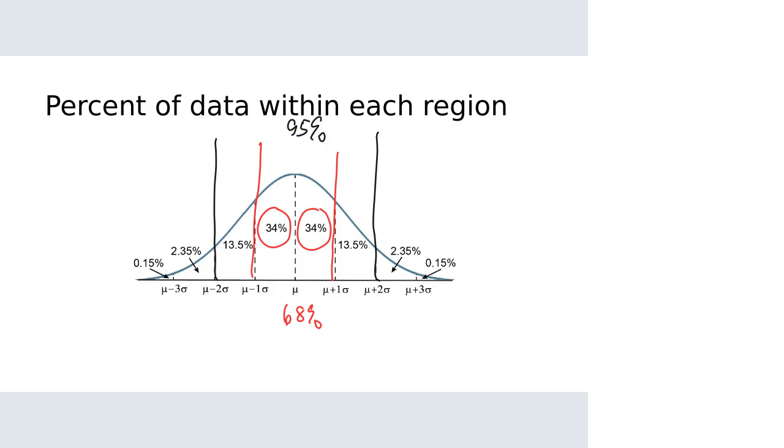And so between 95 and 68, that would be an additional 27% of the data. So 13.5% is in this piece and 13.5% is in this piece. And so on. 2.35% is here and here. And then those crazy outliers we talked about that are beyond 3 standard deviations above and below the mean, that's 0.15% of the data that is out there.